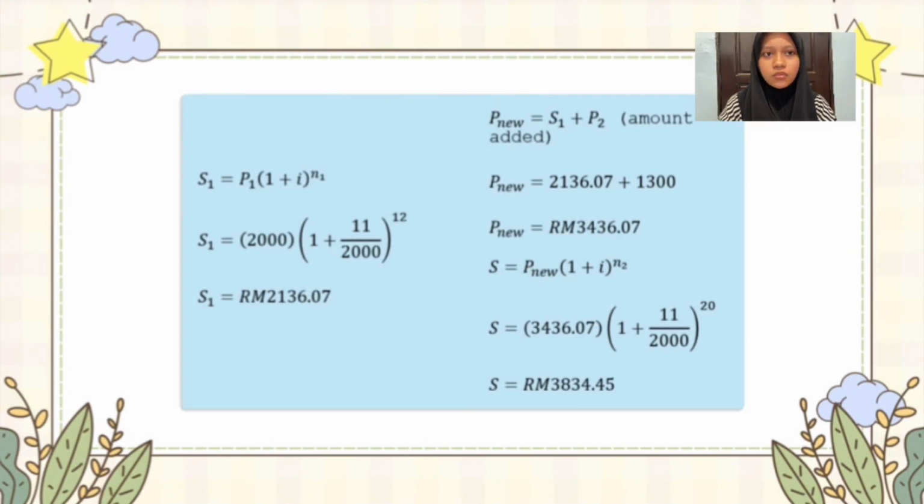After that, we need to find the S, which means we need to use the formula S equals P new, open the bracket 1 plus I, close the bracket, to the power of N2. Next, S equals 3,436 ringgit 7 cents, open the bracket 1 plus 11 over 2,000, close the bracket, to the power of 20. Next, S equals 3,834 ringgit and 45 cents.